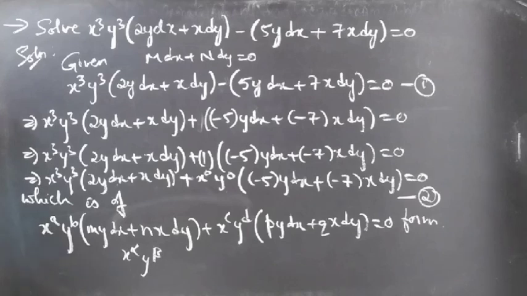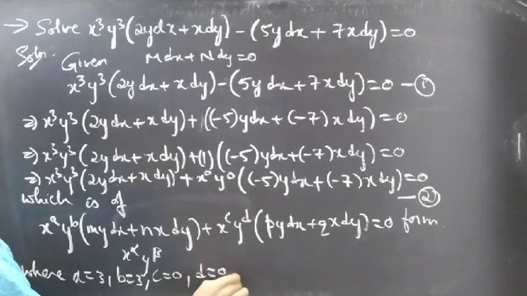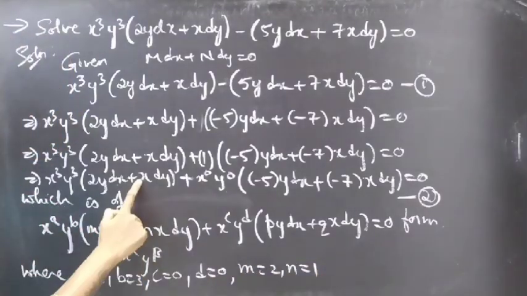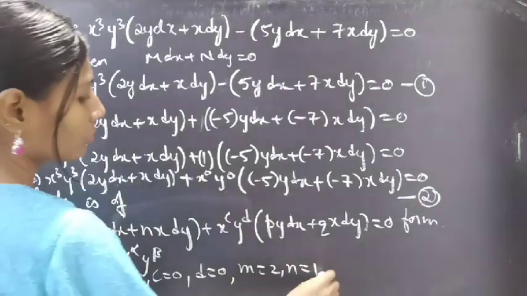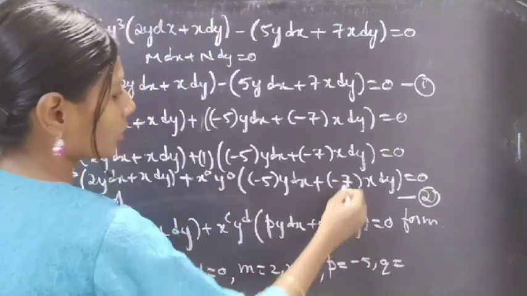Now by comparing these two, let's find the values of unknowns, where a equal to 3, b equal to 3, c equal to 0, d equal to 0, and m equal to 2, n equal to 1, p equal to -5, q equal to -7.